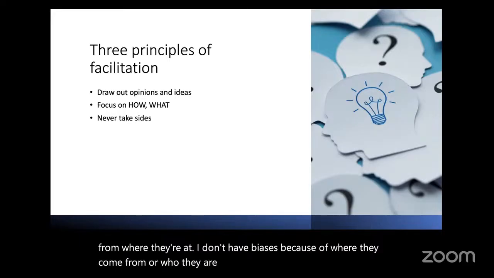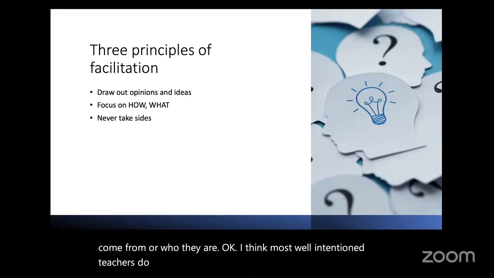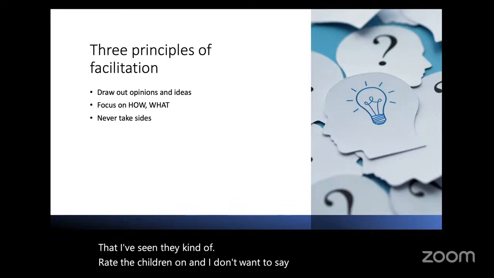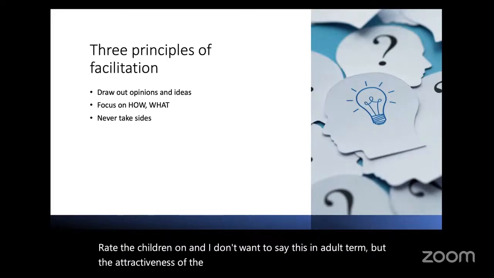Okay. I think most well-intentioned teachers do that. Okay. But let's measure that. And in the research that I've seen, they rate the children on, and I don't want to say this in adult terms, the attractiveness of the child. Okay.